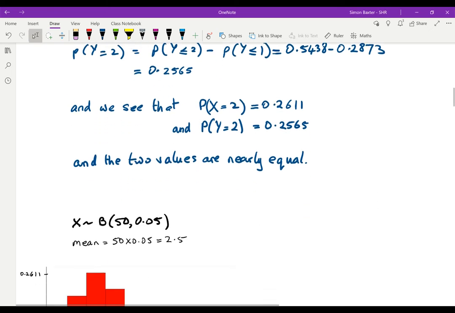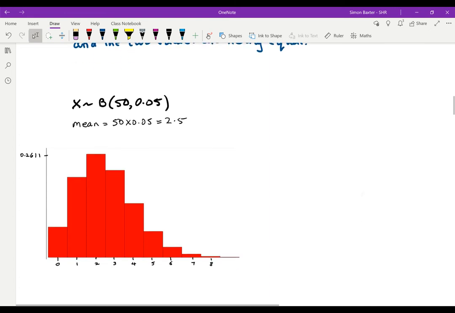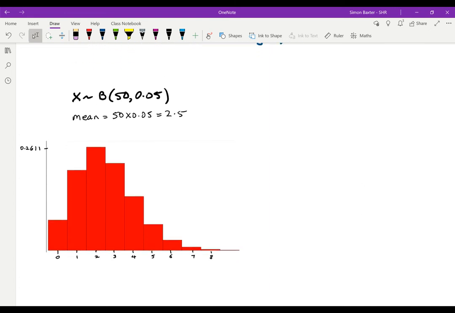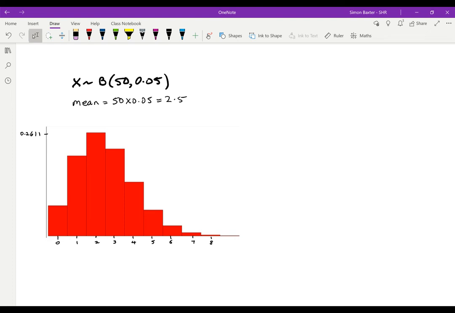First of all, here is the binomial distribution we had just now, binomial(50, 0.05). Let me explain what this graph is about. It's a histogram showing this distribution. Here is X equals 2.